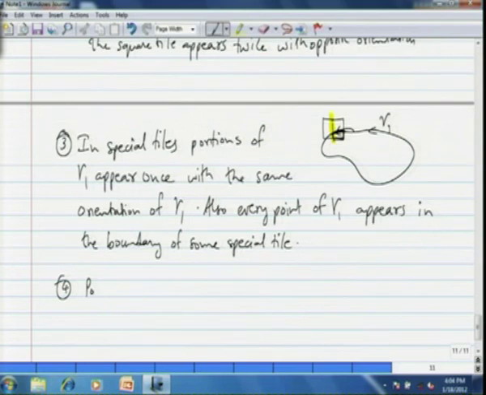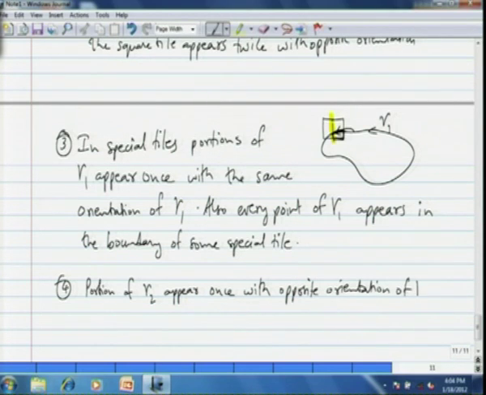And there is a fourth observation: portions of gamma 2 appear once with opposite orientation of gamma 2, and all points of gamma 2 star appear in some special tile. Here, as I said, this should be gamma 1 star actually in the third observation.